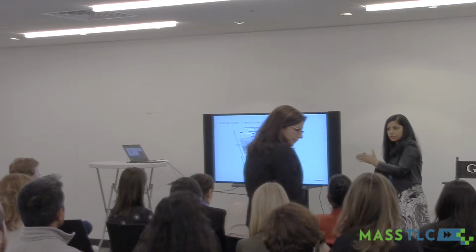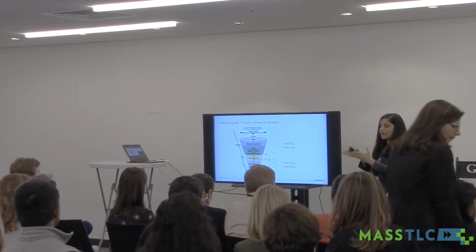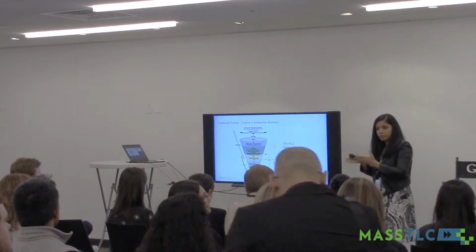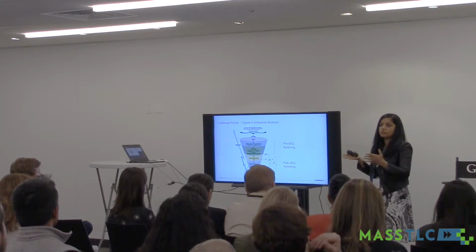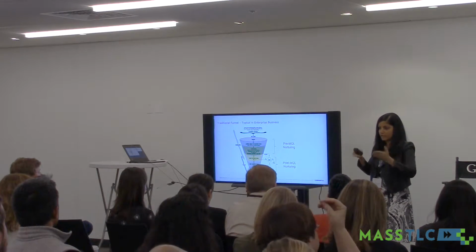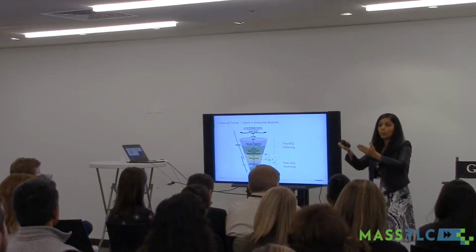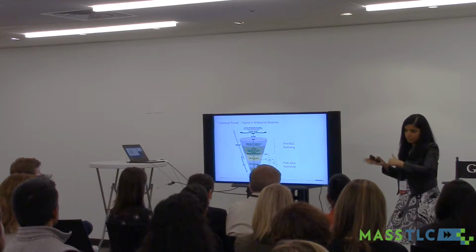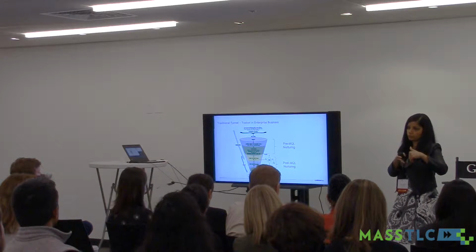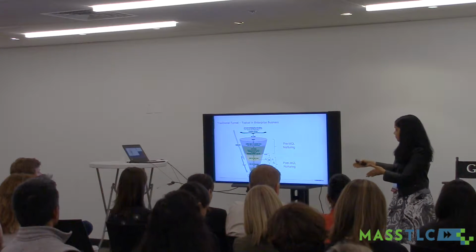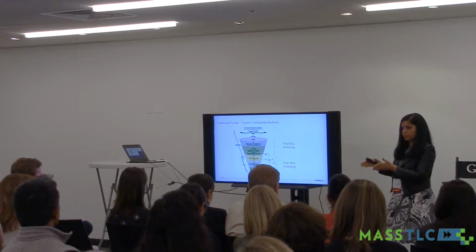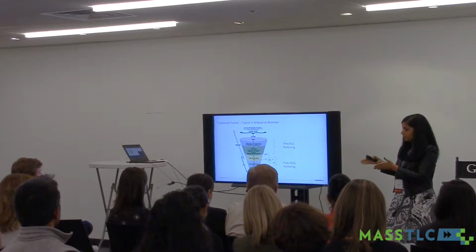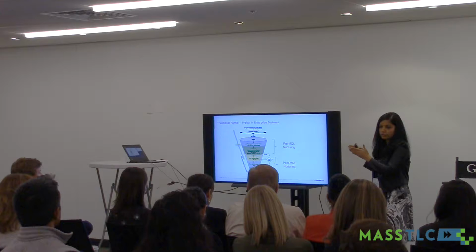Then the MQLs are sent to sales, and after they follow up, there's a post-MQL nurture based on sales feedback, whether people converted or not. It comes back to marketing for post-MQL nurturing, and at the end you end up with your conversion. Again, very traditional in an enterprise business.